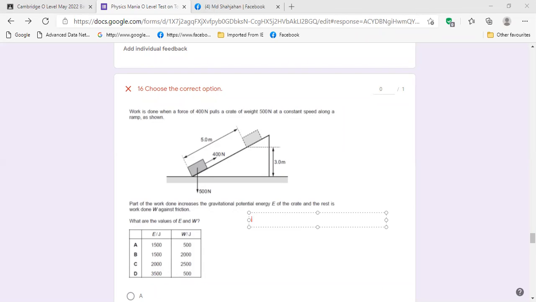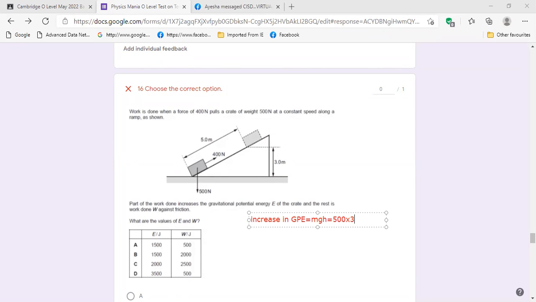So we write increase in GPE equals mgh. So here mg altogether is given 500 newton, right? Multiplied by 3. Mg is weight. So weight is given here 500 newton.